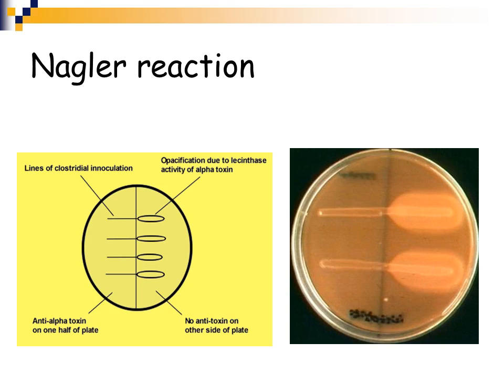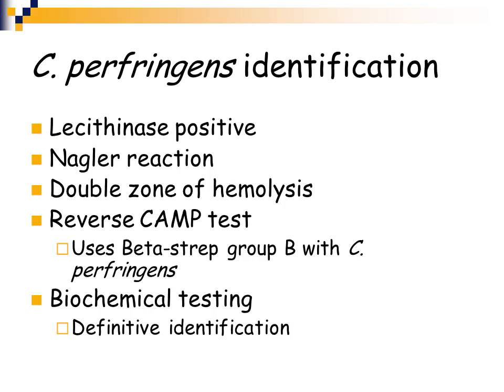That is an indication that you definitely do have Clostridium perfringens. So for Clostridium perfringens, you can look for lecithinase positive. You can look at that Nagler reaction where you inhibit lecithinase using that antitoxin.